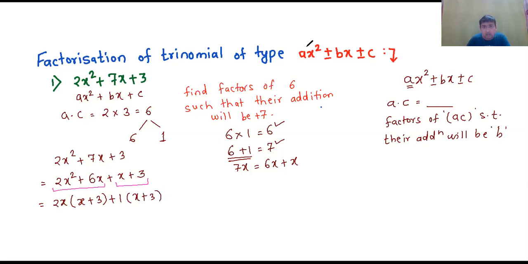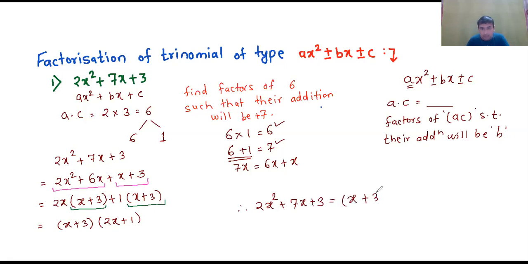Again, you will observe that you must have these two factors the same. Now from these two terms, I can take x plus 3 common. So what will be in the bracket? From this term, it will be 2x, plus from this, it will be 1. Therefore, the factors of 2x square plus 7x plus 3 are x plus 3 and 2x plus 1.